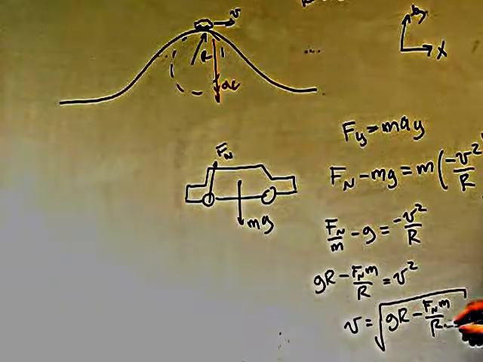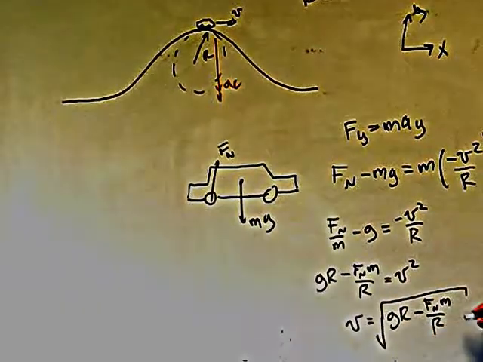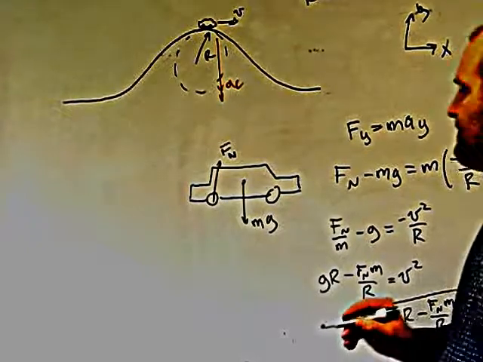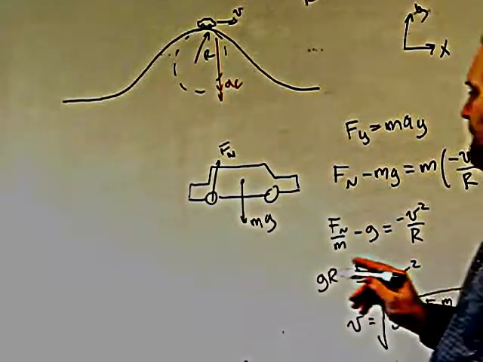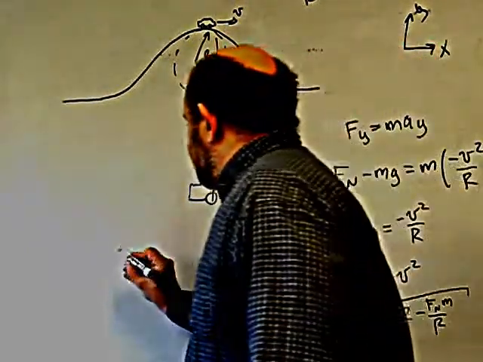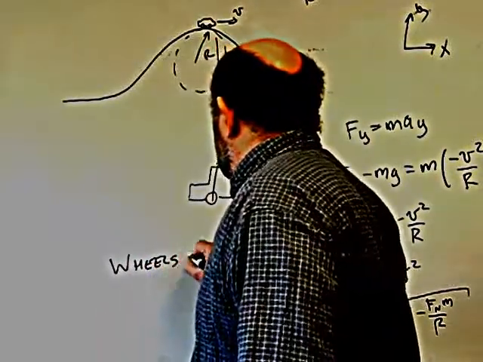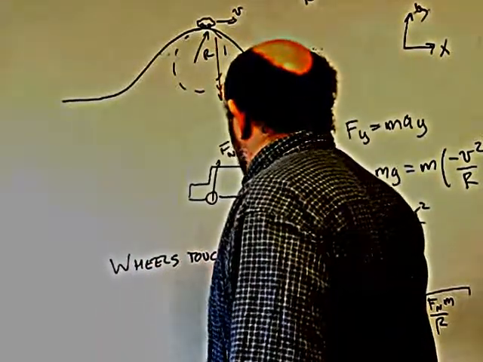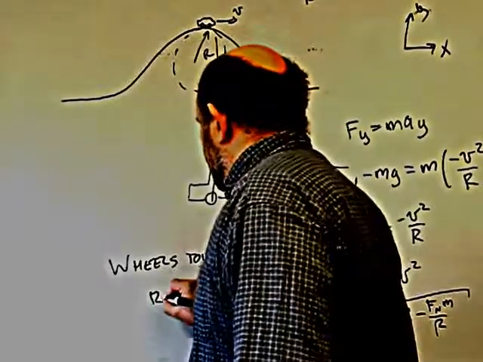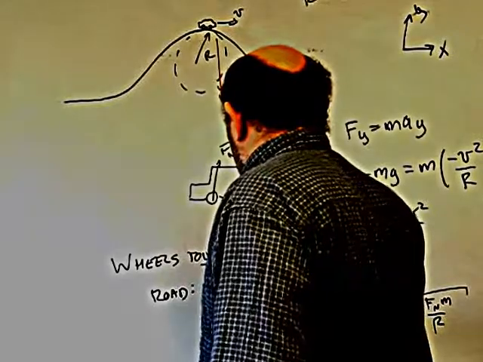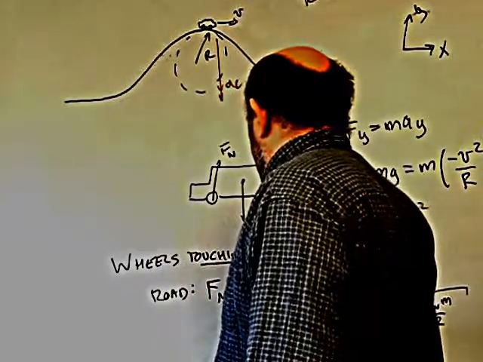Okay, now, looking at this, what does it mean for the wheels to leave the road? Well, I'm going to actually write this down. Wheels touching the road means that you have some normal force, because there is a contact there.